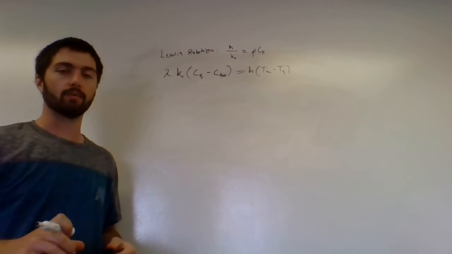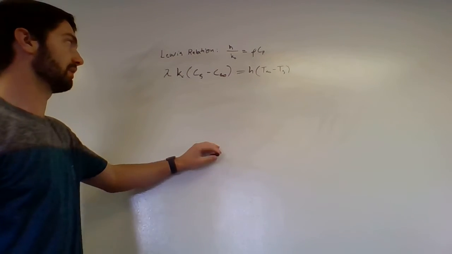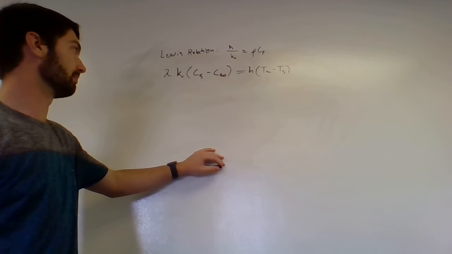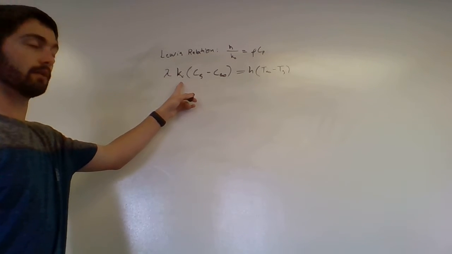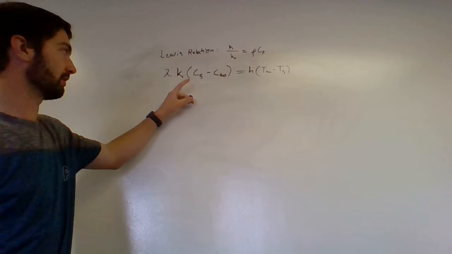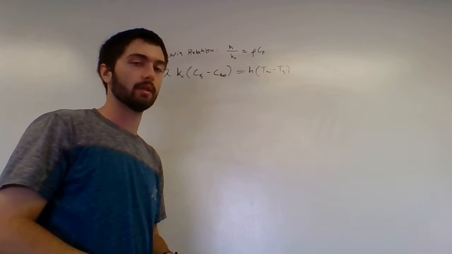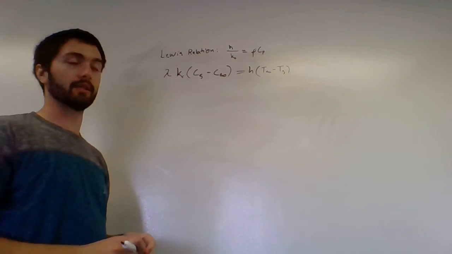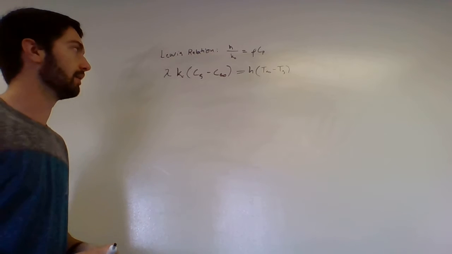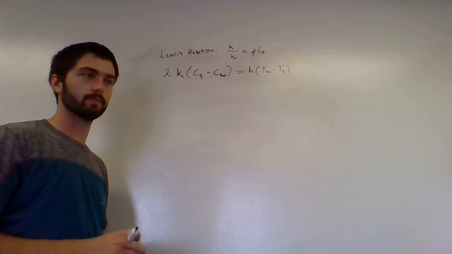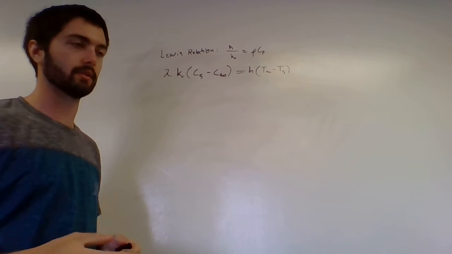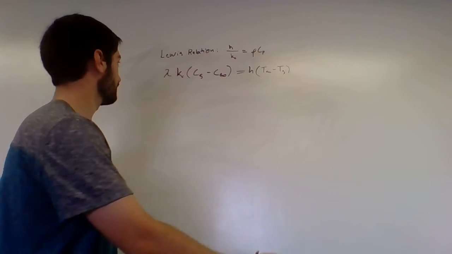And now we can use the Lewis relation, and with the Lewis relation we can actually get this mass transfer coefficient and this heat transfer coefficient to not appear in our relationship, and that'll make it easier to solve for the relative humidity, which is the end result we want to get to.